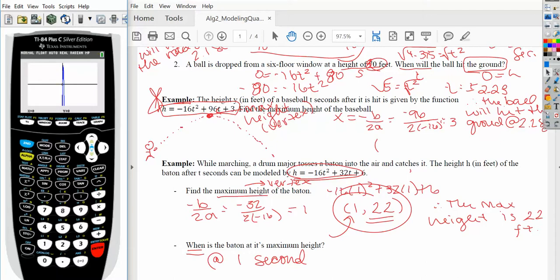Another way you can do this if you don't like how this looks: notice you only want to be in the positive y values, right? I don't care about the negative y values. If I hit window and I go down to my y min, which is right there, and I just type in 0, and then I press graph, it changes the window to where it maximizes just the top, and that's still kind of hard because notice it's really skinny, so I don't really need as wide out on my x's.